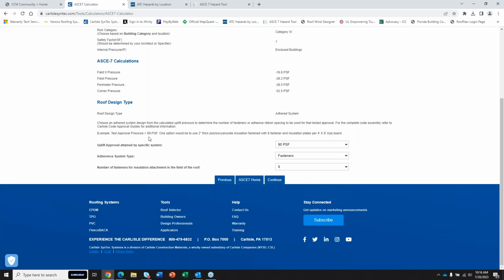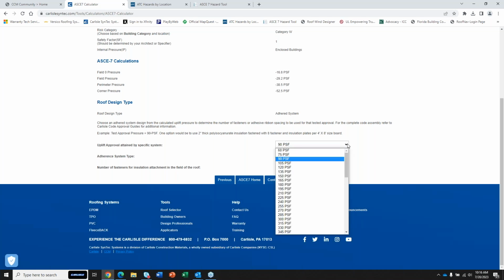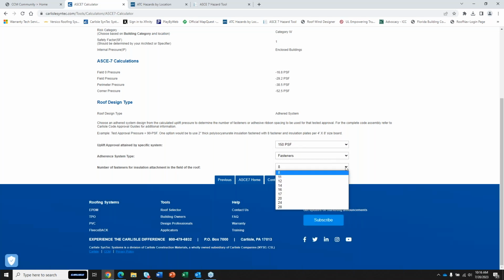I'll give you an example here that we've tested with 2-inch polyiso with 8 fasteners per 4x8 for an adhered system into a steel deck or concrete deck, and we get 90 pounds per square foot. So that's a default in this case, but you can raise it up to different levels. We do have a 150 with 20 fasteners, so that would be another application that we could use.